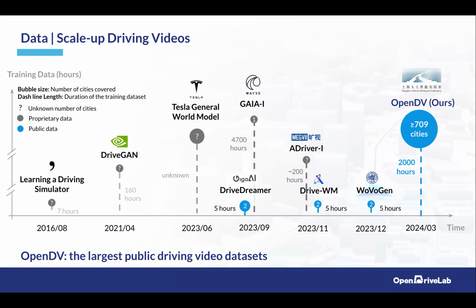So in our group, we developed the largest public driving dataset. We call it OpenDV, which stands for Open Driving Videos, and it contains over 700 cities and regions and over 2,000 hours, compared to other public datasets.